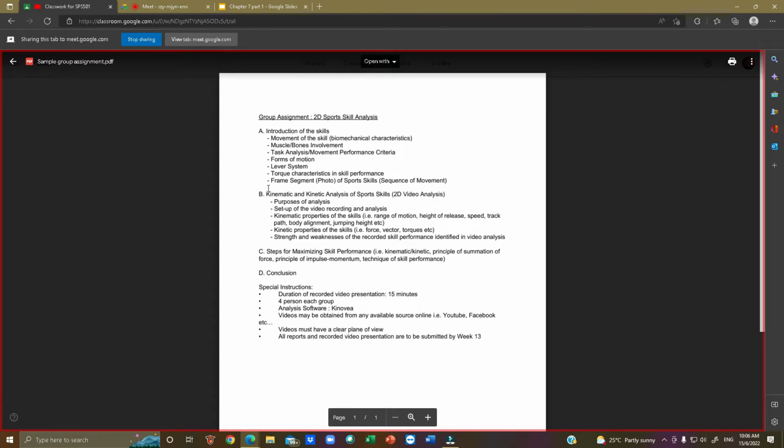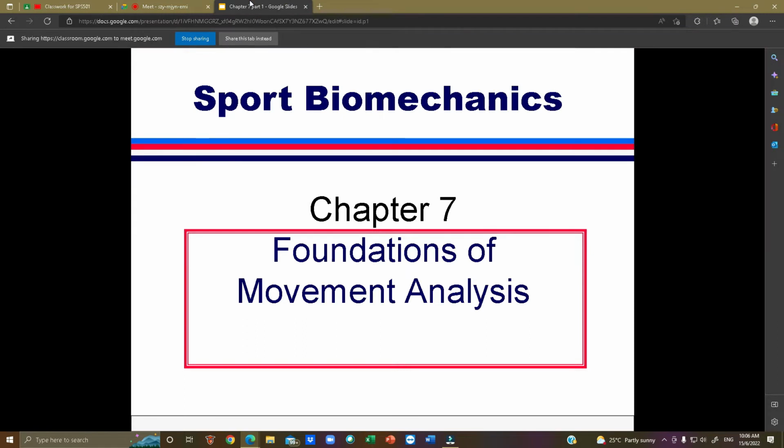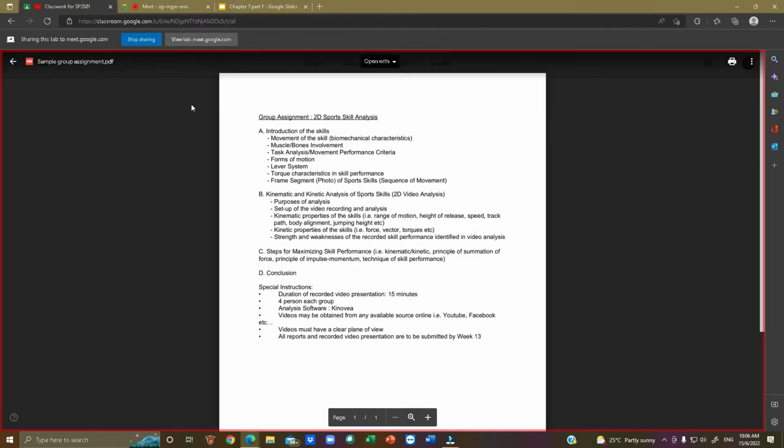And then when you go to the second part of the assignment, you have kinematic and kinetic analysis. And it is recommended for you to use Kinovea to do the analysis. So what kind of analysis you need to have? Part of the analysis will be discussed today in the topic of foundation of movement analysis.